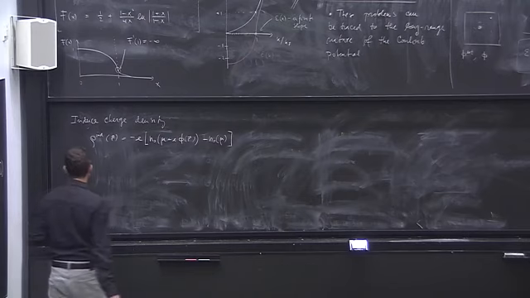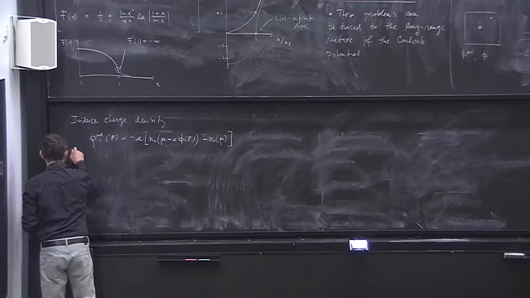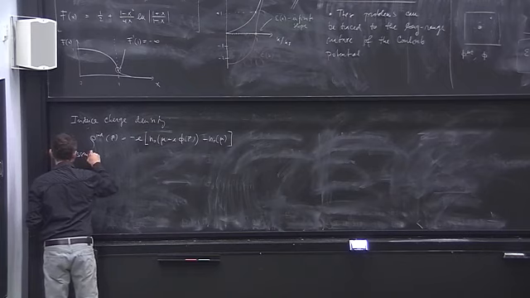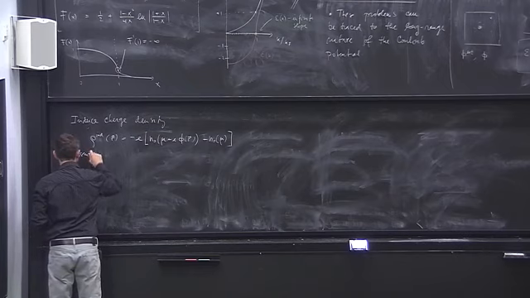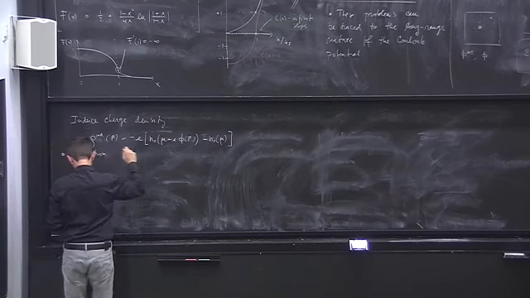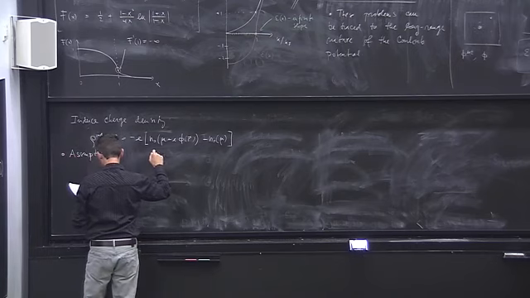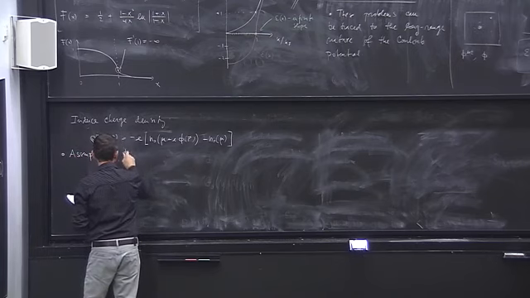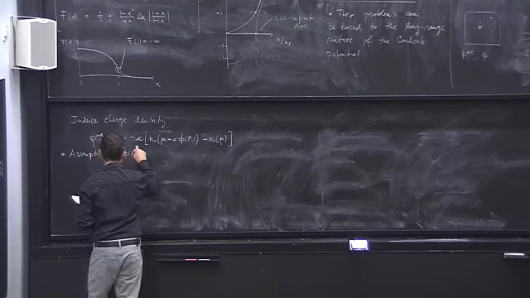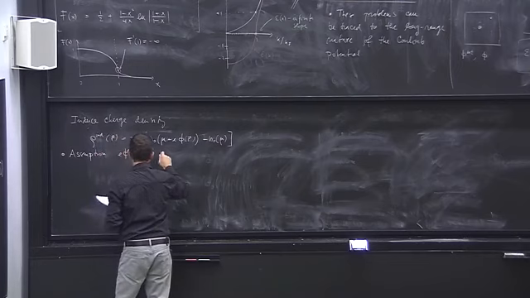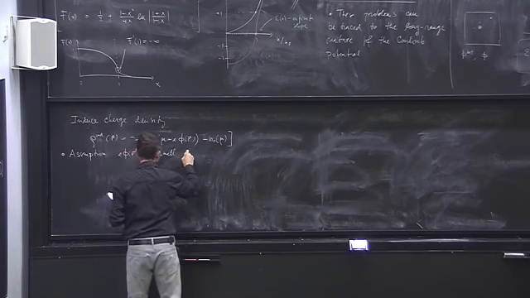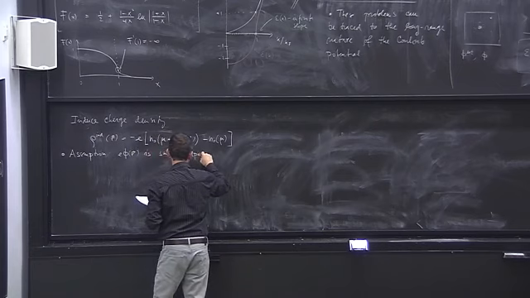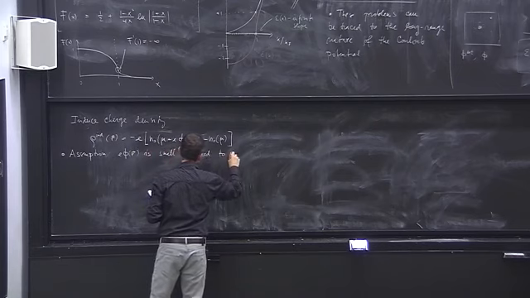So now I will make a further assumption. I will assume that e times phi of r is small compared to mu.